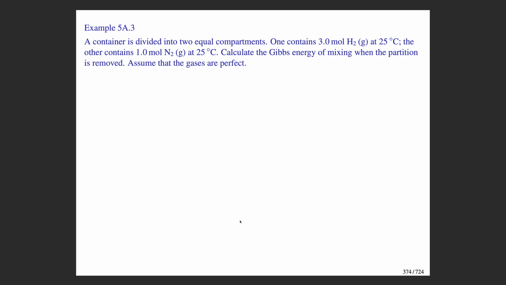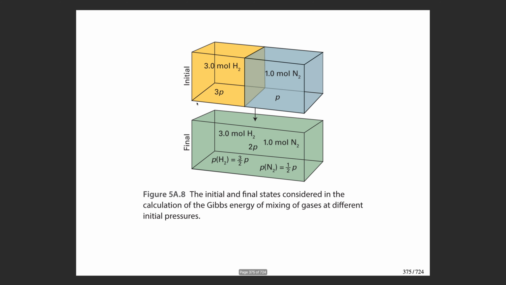Okay guys, this is a problem that I didn't get to in the last video dealing with the gas mixing problems, and I just wanted to point out that this one here is a little bit different. The reason it's different is that the gases, so we're mixing 3 moles of H2 and 1 mole of N2, start off in equally sized compartments, then they mix together.